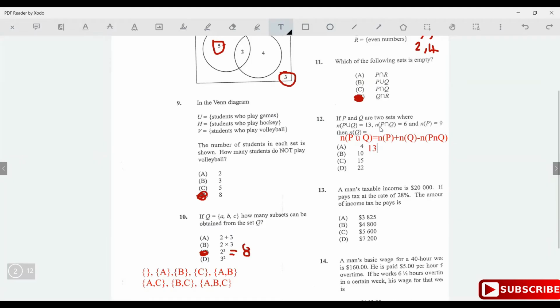Number of elements in P is 9, plus number of elements in Q, we don't know, let's just call it X, minus the number of elements in P intersect Q, which is 6. And so 13 is equal to 9 minus 6, which is 3, so we get 3 plus X, and so X equals 10. Easy question.